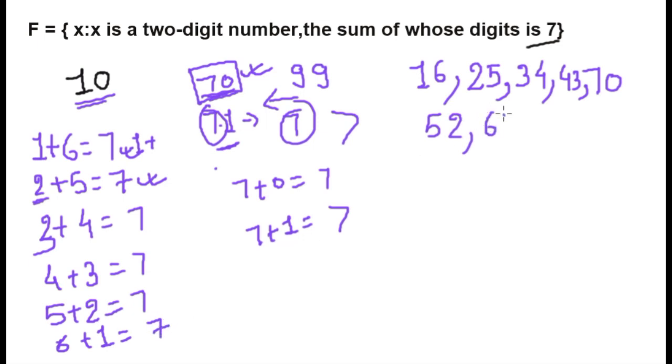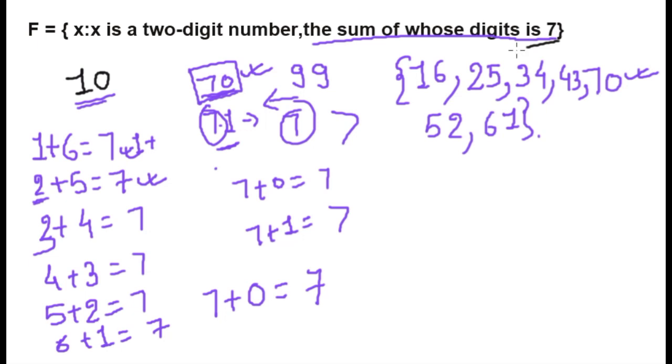So our next number is 61. And 7 plus 0 is equal to 7. Our last number is 70. So these are the two-digit numbers whose sum of digits is 7. So this is our x.